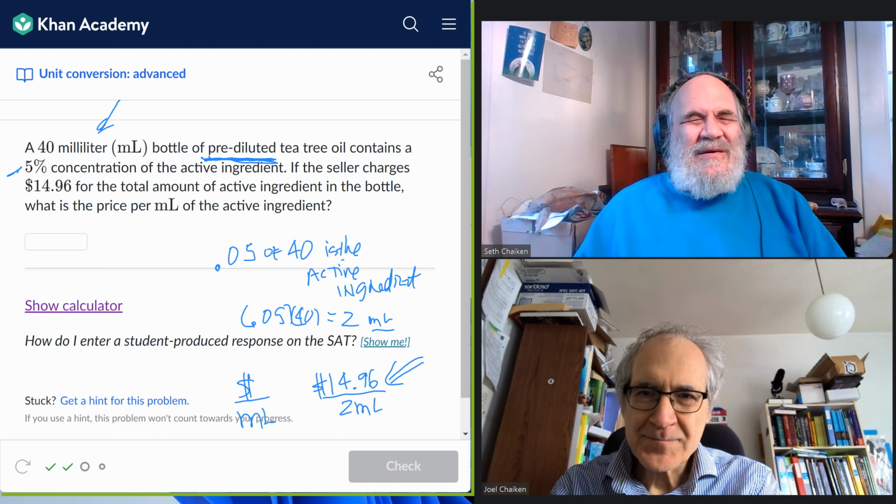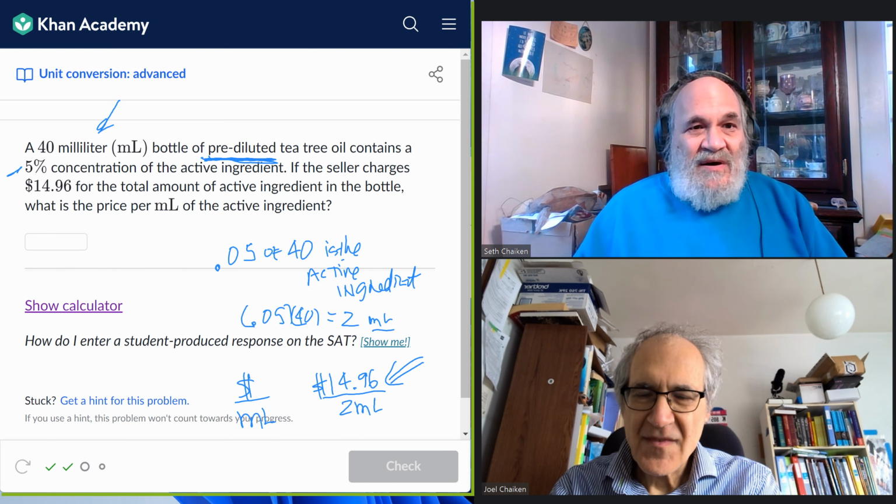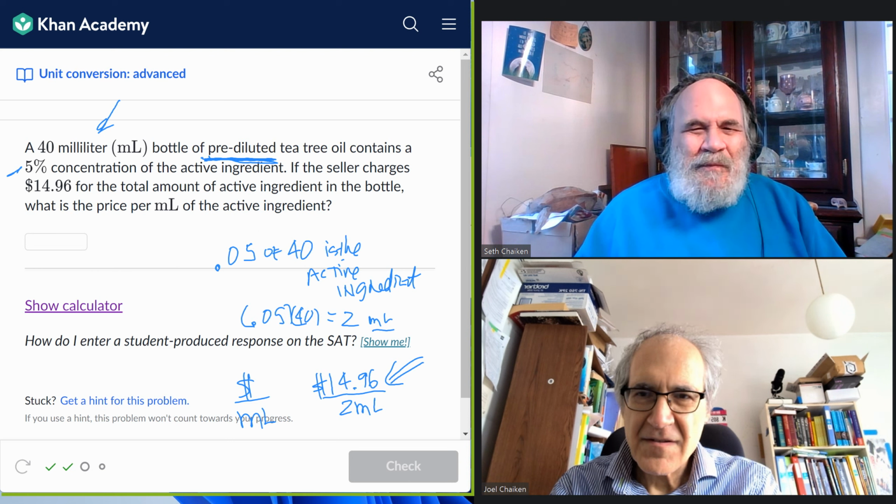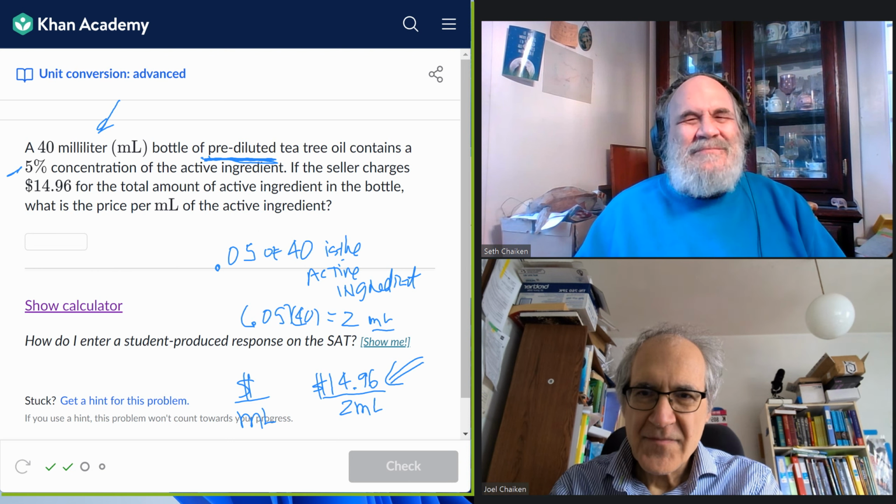The seller charges that much for the active ingredient, right? Is that different from saying that the seller charges $14.96 for the bottle? We don't know.